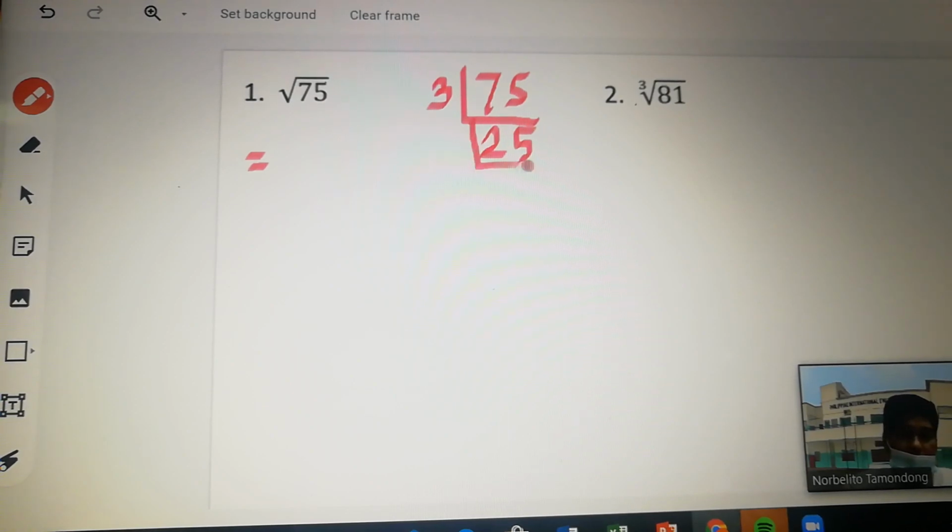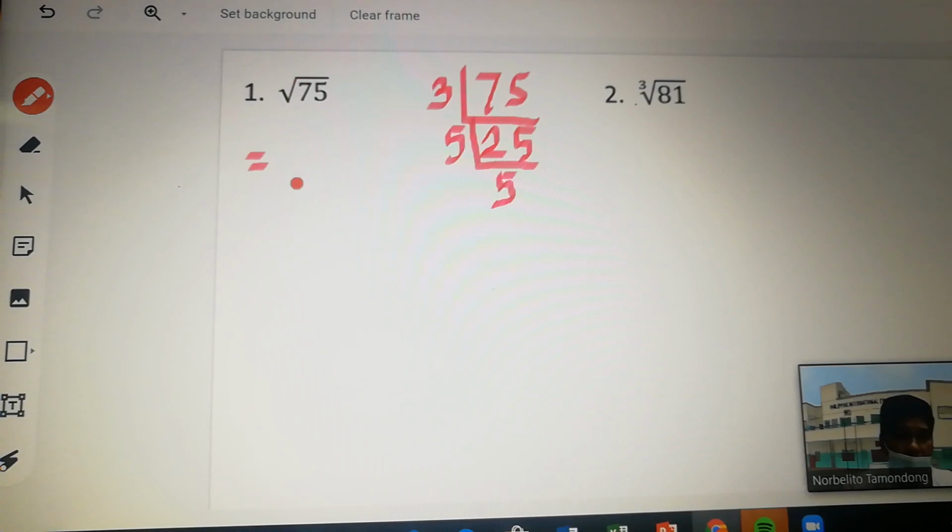Another is divide this by 5 equal to 5. So therefore, what are the factors of 75? 3 times 5 times 5. So therefore, the 5 times 5 here is a perfect square factor, since your index is 2.